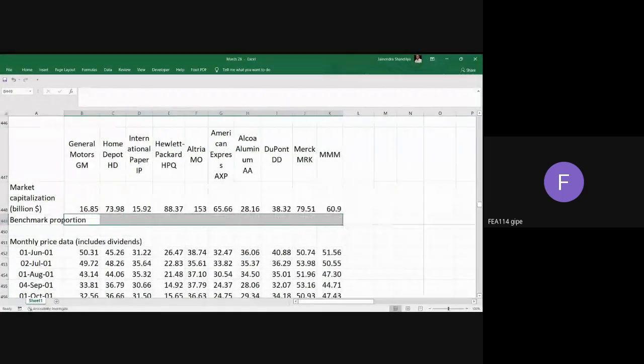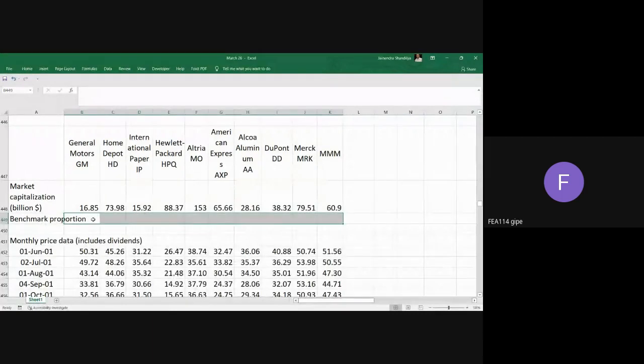in this particular case. So I've deleted this. The question that comes is, how do we know the benchmark proportion? To know the benchmark proportion, we need to divide each stock's market capitalization by the sum of the market capitalization of all.